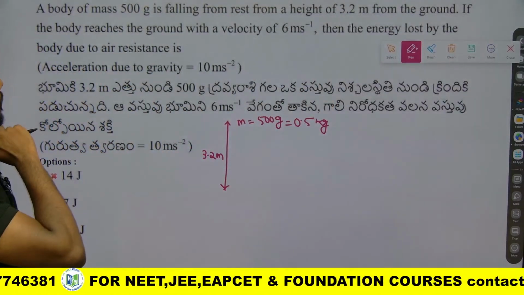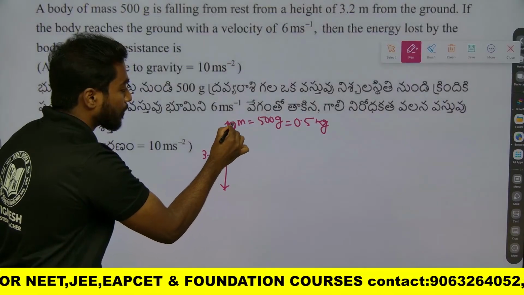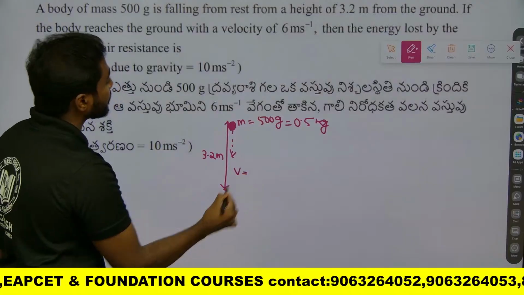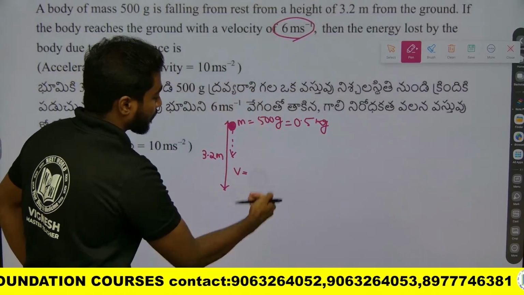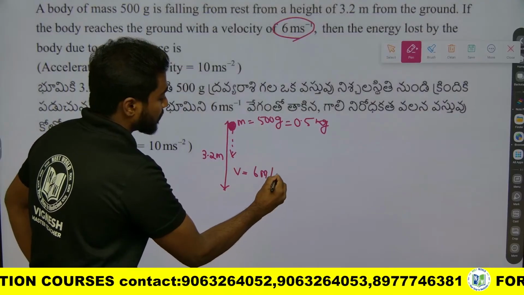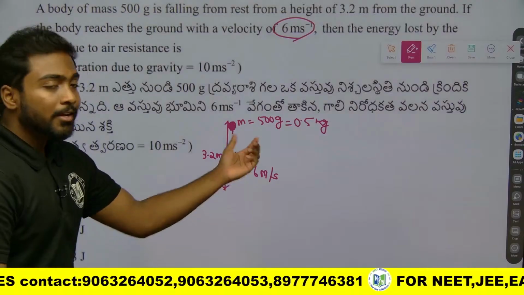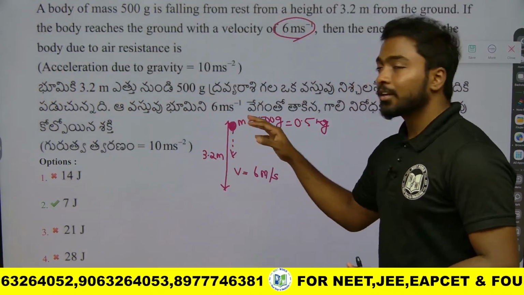Now the velocity is given when it's falling. When it's falling, the velocity is given as 6 meter per second. I need to find the energy lost. Initially it was at some height, so potential energy will be there.